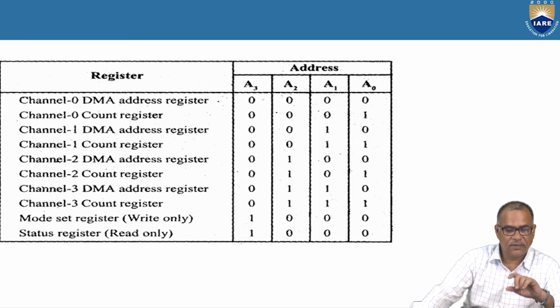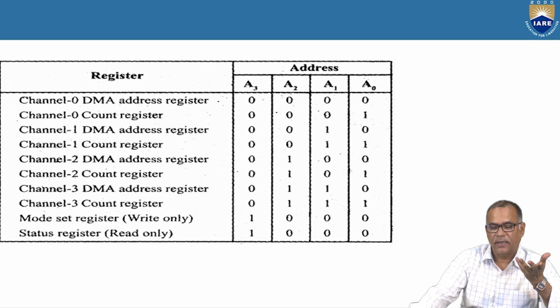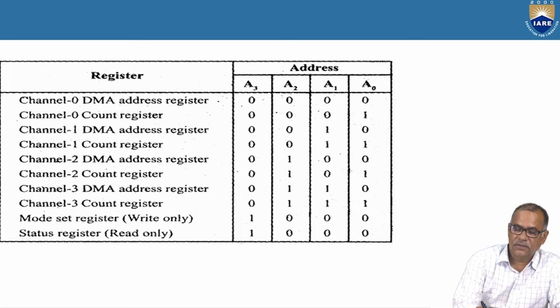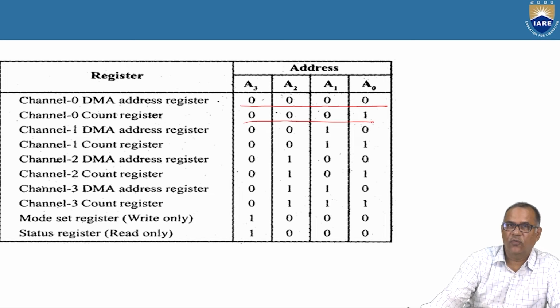And the address configuration is like this. I told you that in the functional diagram we have 4 signals: A0, A1, A2, and A3. If all these bits are 0, then we are going to address channel 0. For the count register, the address is 0001 for channel 0.